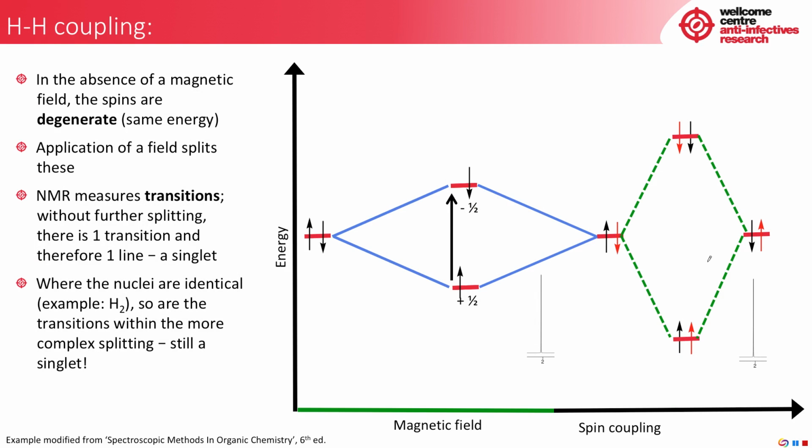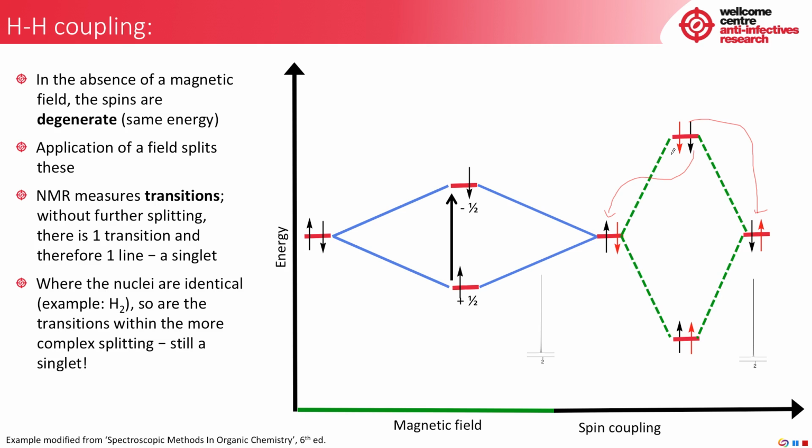there are now multiple transitions available. So you can go from here to here, from here to there. It is a feature that you generally only see single quantum number transitions.